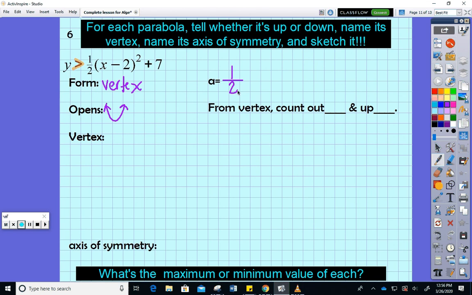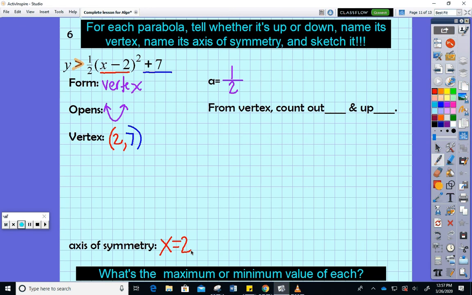Okay? Since it's vertex form, I look at this and go, okay, x minus 2 squared means x equals 2. That's that first part of the vertex. I look at the caboose. The plus 7 tells me the y-coordinate of the vertex is 7. I also know that my axis of symmetry is just x equals whatever the x-coordinate is, so it's 2.